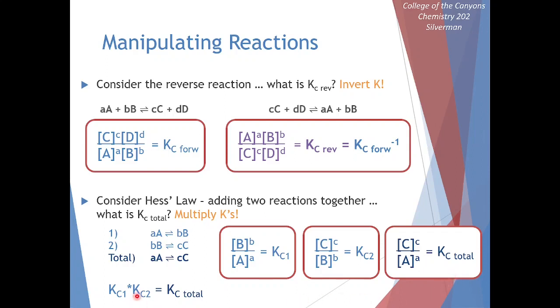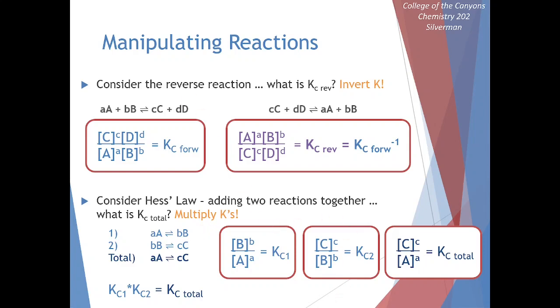And this is going to be true in general, even for more complex reactions. Whenever you add 2 reactions together, you can make a new third reaction, which has an equilibrium constant equal to the product of the equilibrium constant of each reaction that you added together. Adding reactions, multiply the equilibrium constant.